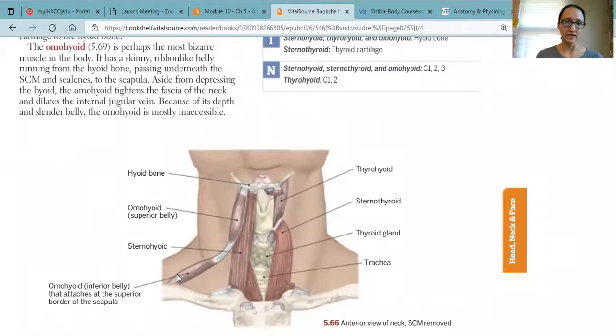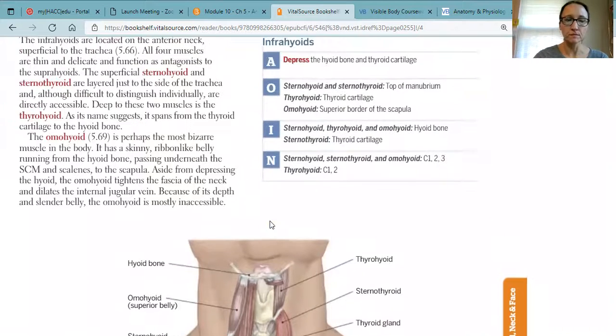And then it forms another muscle belly, and then it attaches to the superior border of the scapula. So it goes down and then back. Very strange.